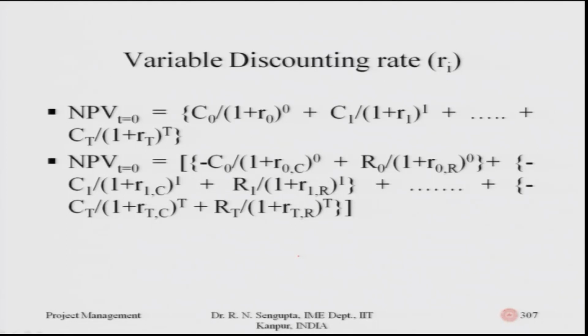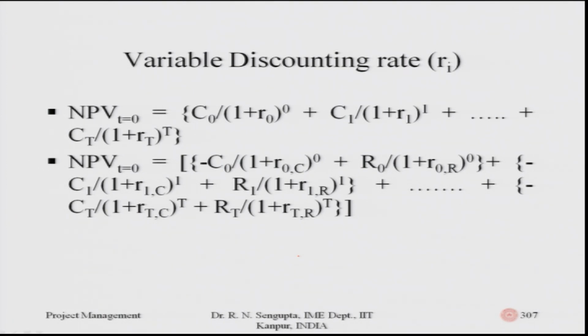For the variable interest rate, the concept is the same, only the values of the interest rate change. So, C0, C1, C2 are the net input-output values calculated, provided they are at the same point of time, and the interest rates are variable, being R0, R1, R2 till RT. To find the net present value, the interest rates for the inputs and outputs, demand and supply, are different.